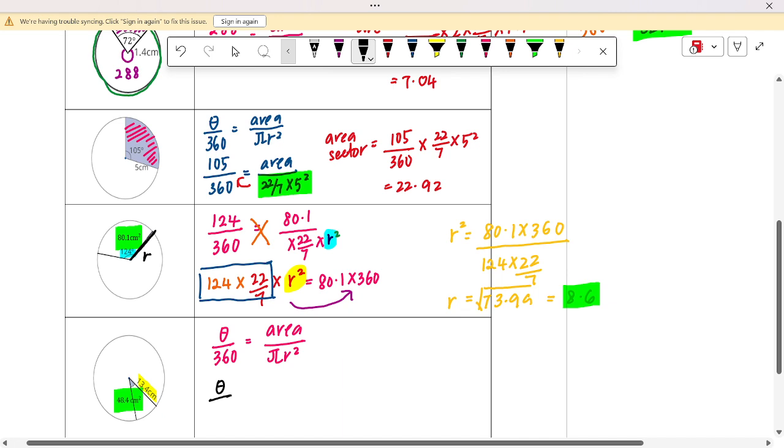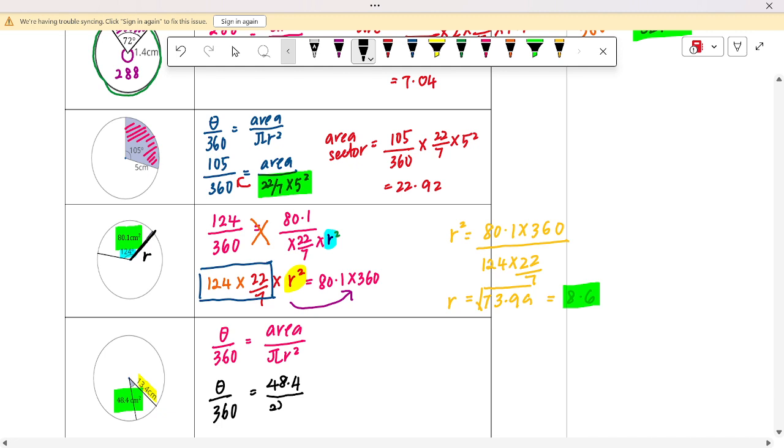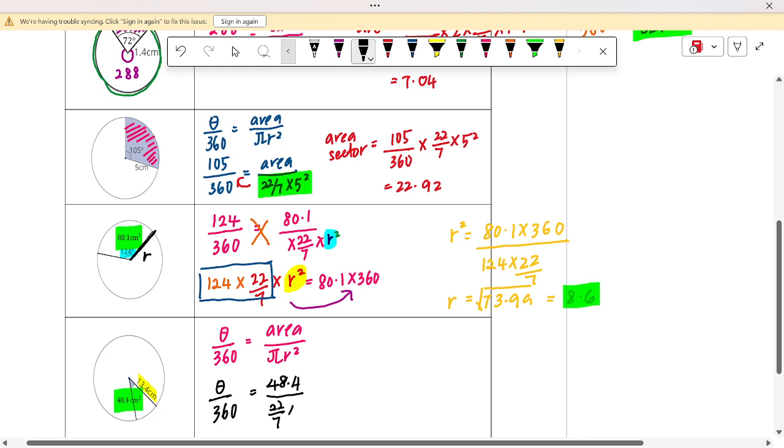Theta you don't know, 360 over area is 48.4 over 22 over 7 times 13.4 square. Okay, so now to calculate your theta, this one is quite easy, direct. We are just going to shift the 360 to this side because relationship is divide. Shift up will become times.